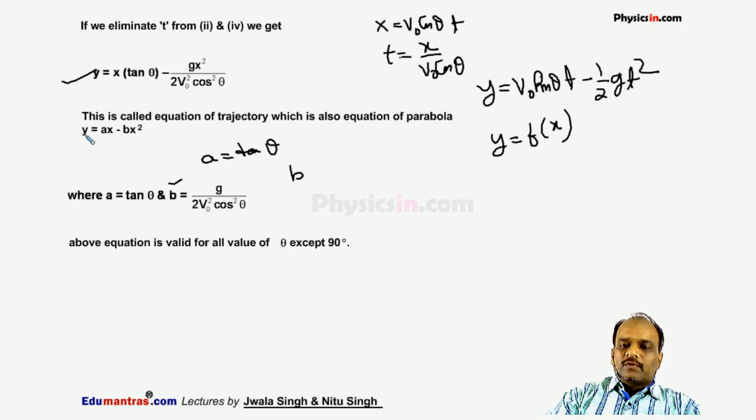So this is actually the equation of a parabola. For all values it is a parabola except when theta is 90 degrees, because cos 90 is 0, so y is not defined for theta 90. At theta 90, the particle is not moving on a parabolic path, so it satisfies the equation of a straight line.